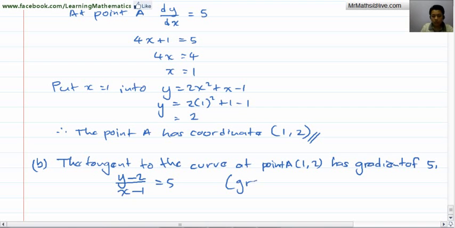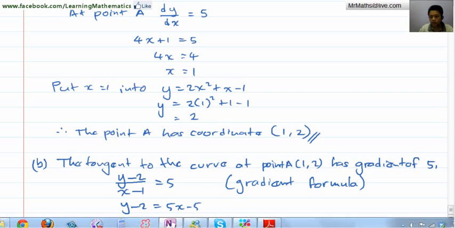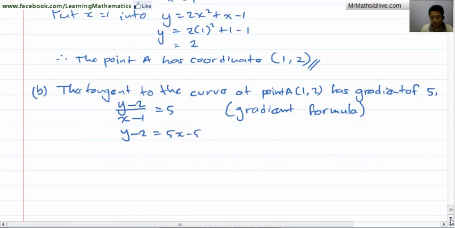I don't know whether that is the official name for it, but I just call it the gradient formula. Then y minus 2 is equal to 5x minus 5, and finally we get the equation of the tangent. y is equal to 5x minus 3. So this is the equation of the tangent to the curve at point A.